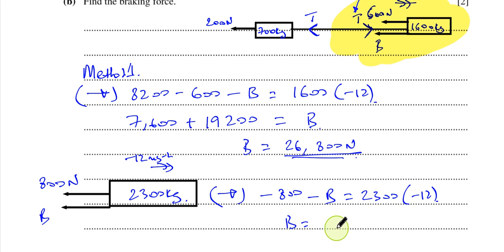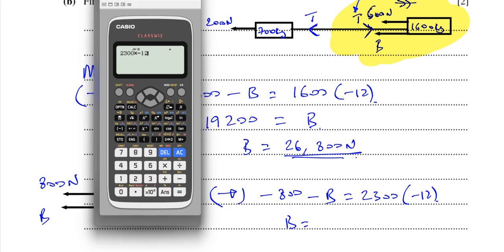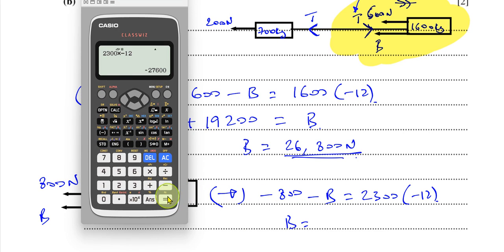So B is going to be equal to 2,300 times negative 12 minus 800. So what does that give us? 2,300 times negative 12 gives us negative 27,600. So it's going to be positive when you move it to this side.